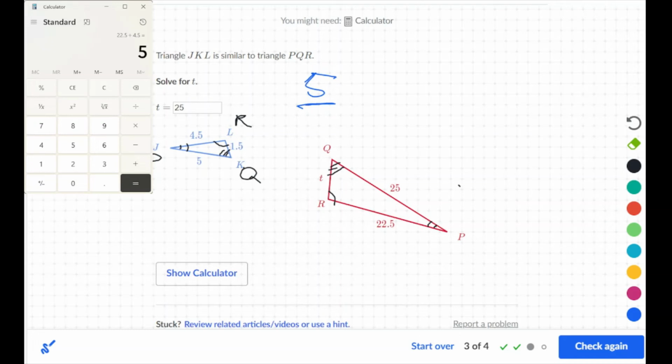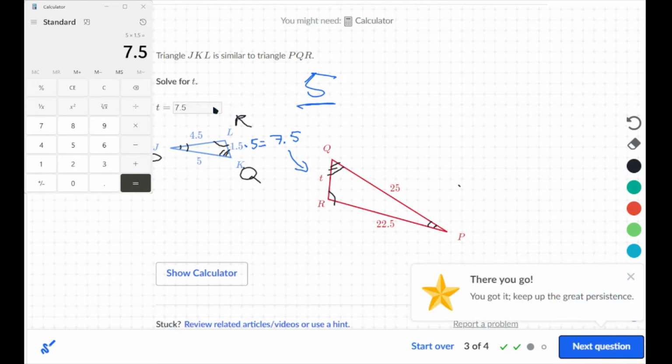So 1.5 times 5 equals, let's see, 7.5. So 7.5 is T. Alright, let's try that. There we go.